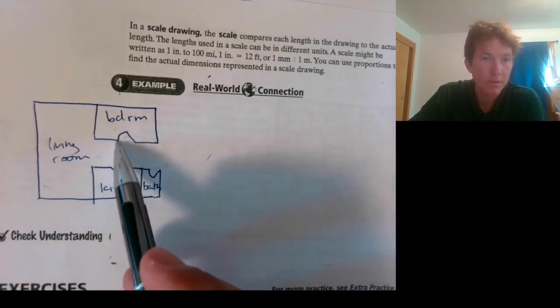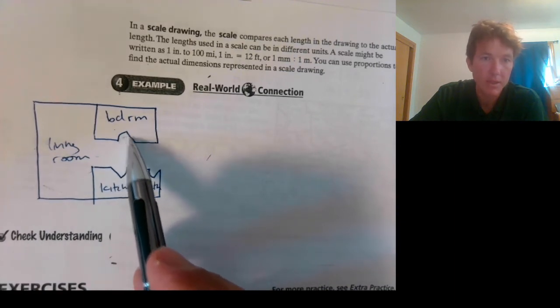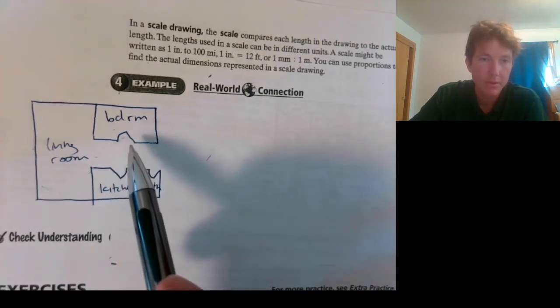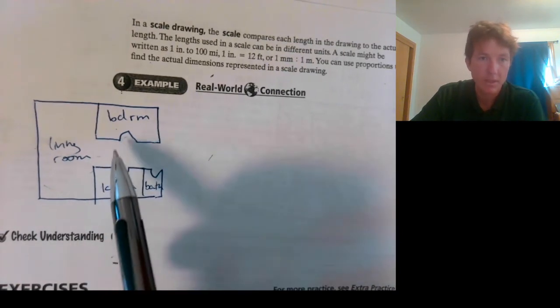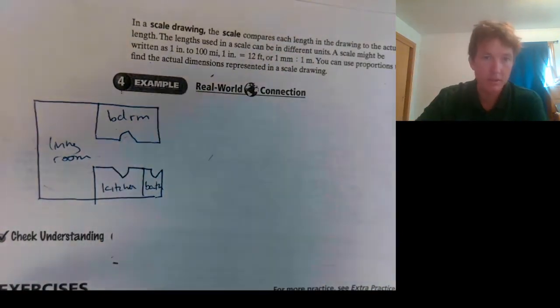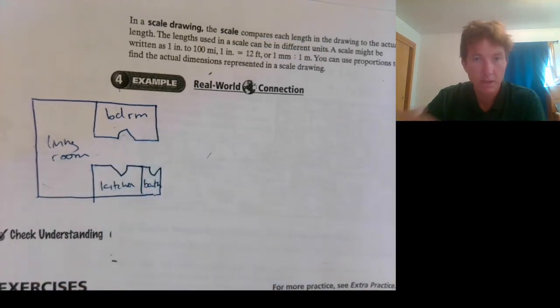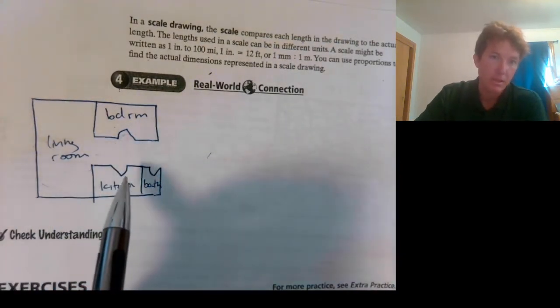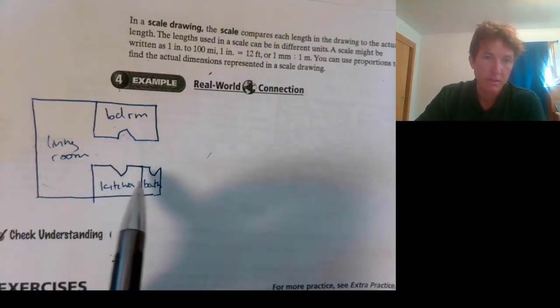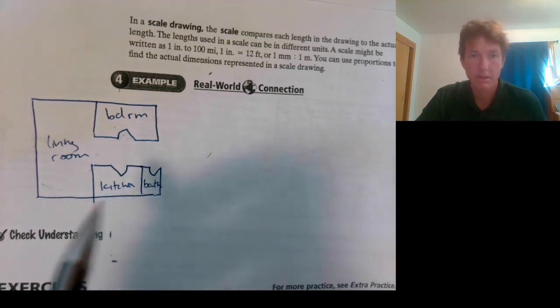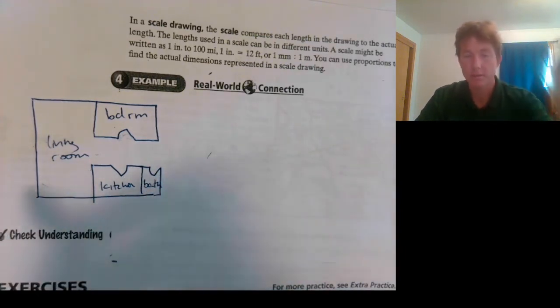These are doors. This little arc is the door swinging out. This is the actual door. So if you were to walk in, your right hand is the handle, and it swings out to the right. And then it looks like the bath, the handle is on your left hand, it swings out to the left.